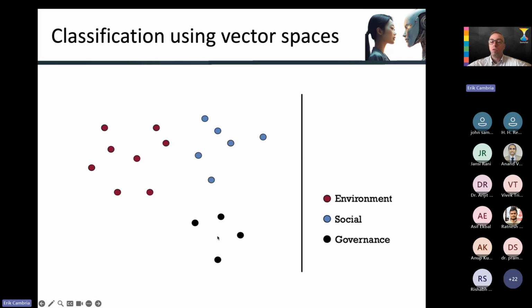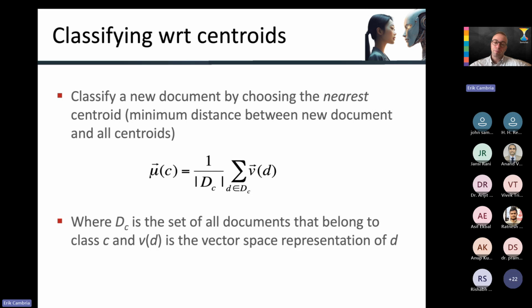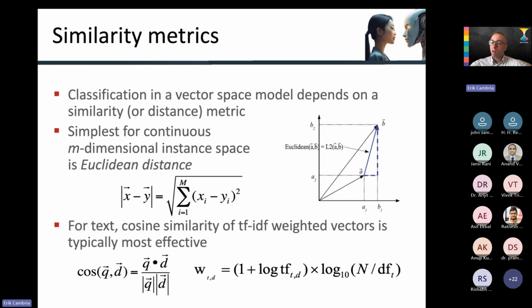So why do I do this? Because then when I get a query, I can calculate the distance between each of the three centroids that represent these three clusters to decide to which class this document or query or image or video or data belongs to. So this is how I would say 90% of computer science works.